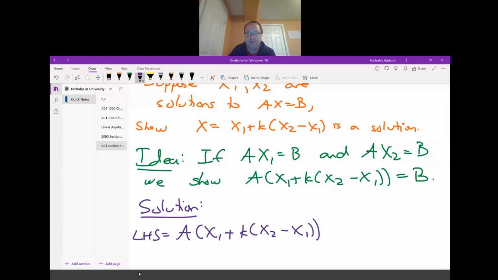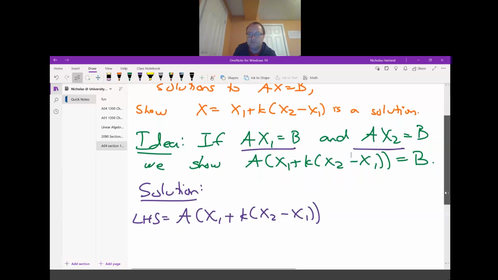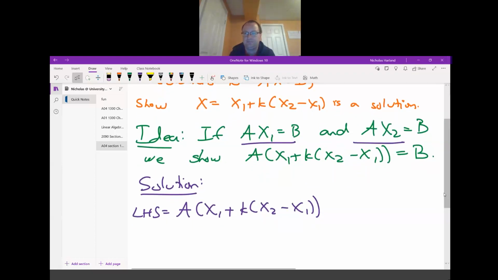and we're going to use nothing but these two statements and multiplication of matrices properties. So what's the first property we can use? Right.